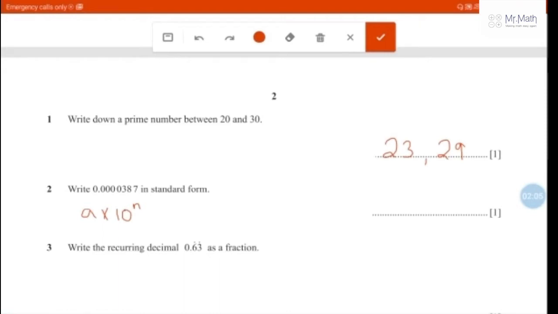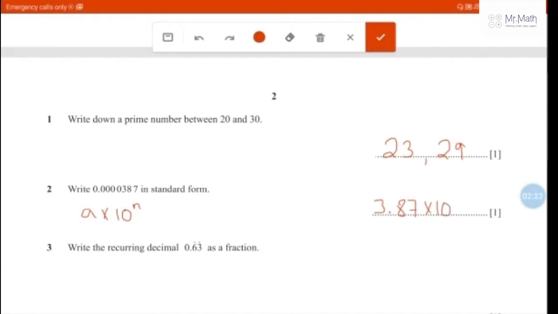So I'm going to write this number as 3.87 times 10 to the power of a number.